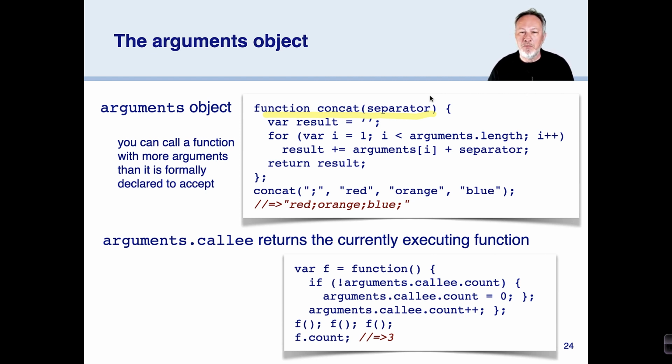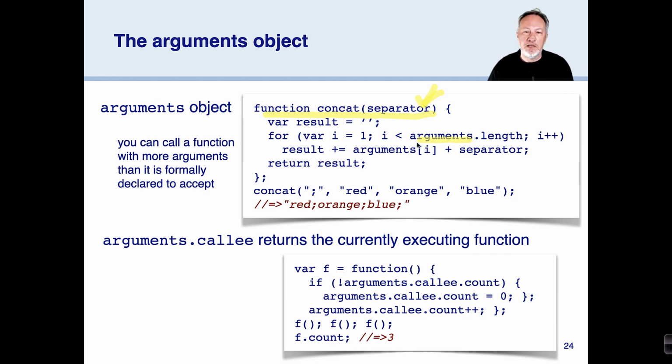Well, there's no way that we can specify here separator... What you do instead is we just mention separator as an obligatory argument, and then the rest of the arguments are accessible in a variable called arguments, this magical argument.